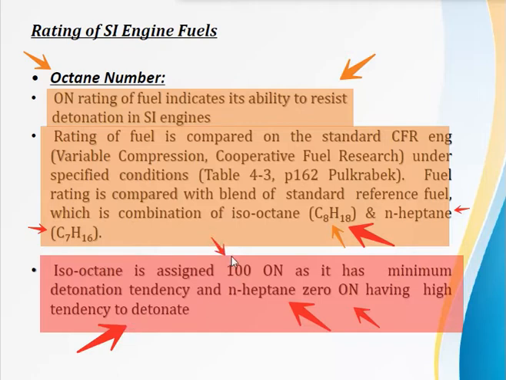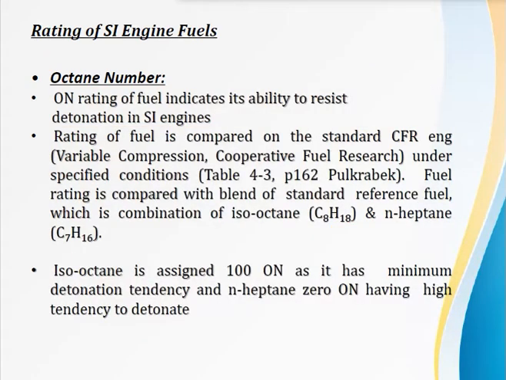If the fuel contains 100% isooctane, we call it 100 octane petrol, and if it contains entirely N-heptane, the fuel has 0 octane number. In simple words, isooctane has less knocking tendency. The higher the octane number, the better. The lower the octane number, the more the N-heptane content in the fuel has increased.